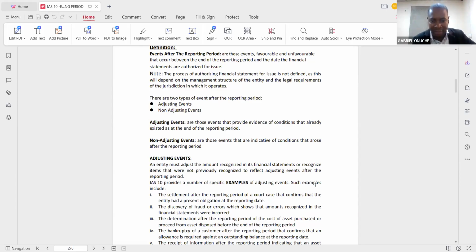I don't know if this is clear. Non-adjusting: both the evidence and the event occur after the reporting period. Adjusting events: there was evidence at the reporting date, but the event occurs after the reporting date. So an adjusting event needs the financial statements to be adjusted.